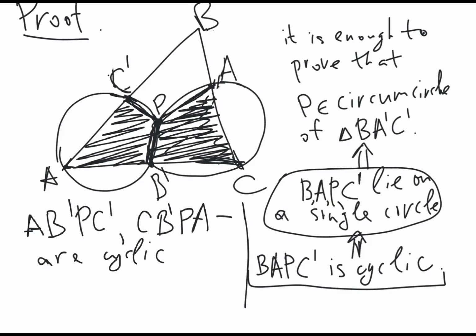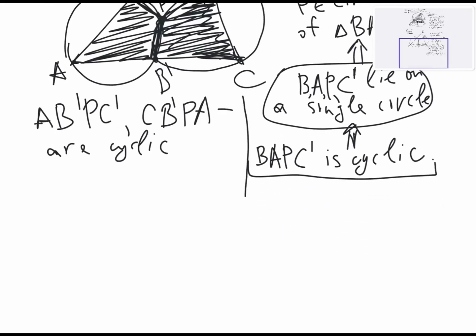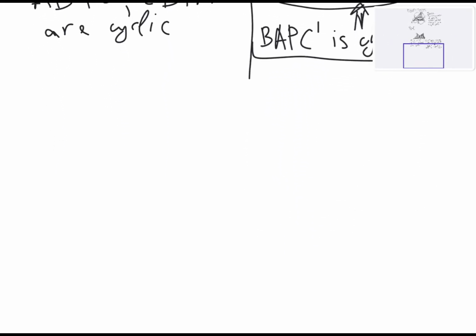So one of the criteria of the cyclic quadrilateral, let's remind that separately. If we have a quadrilateral, then it is cyclic if and only if these two angles are equal. So if an angle at one vertex is equal to the external angle at the opposite vertex.